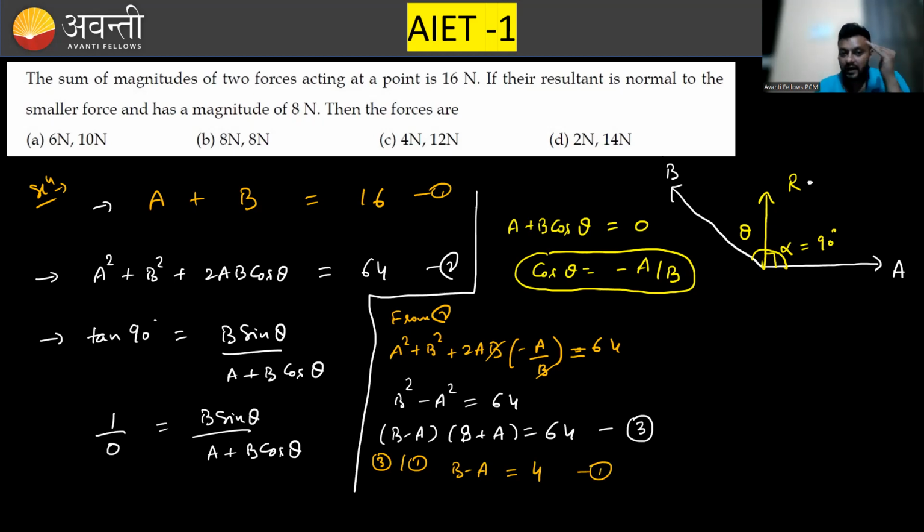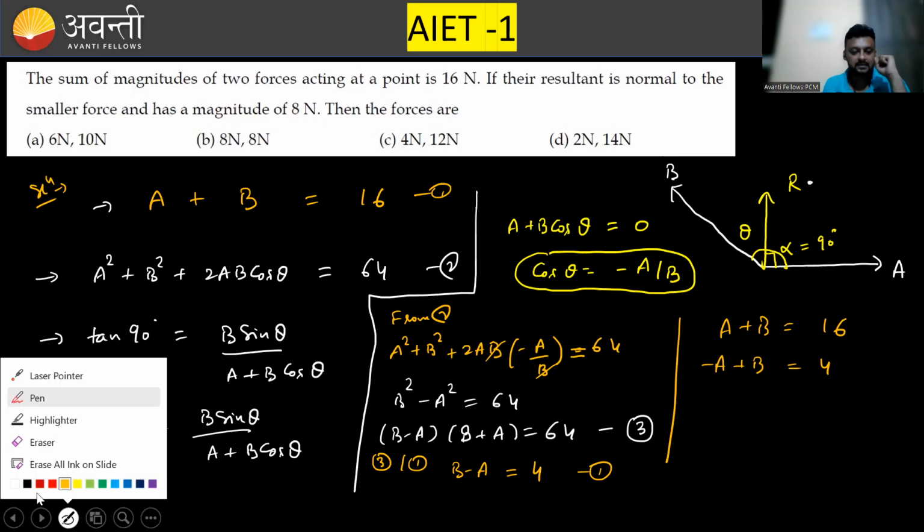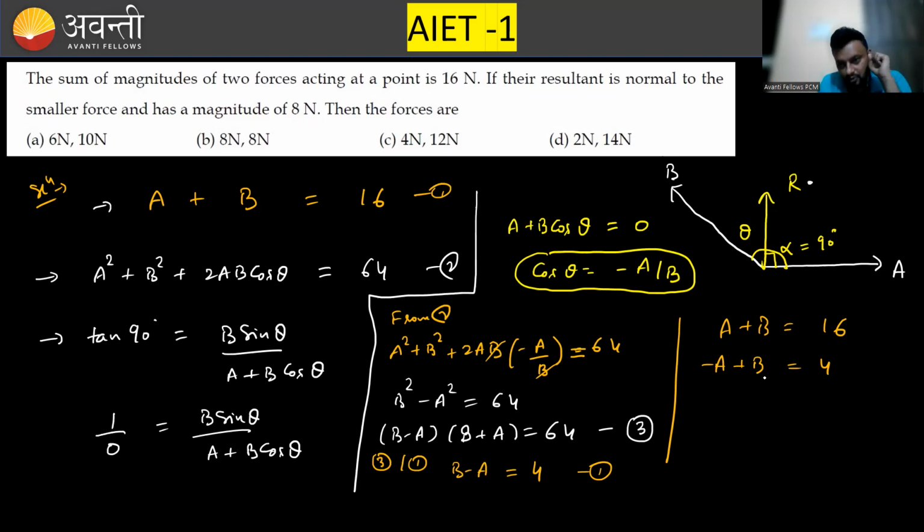Now you have two equations. One is A plus B equals 16. Another is B minus A equals 4. You can solve these two equations.